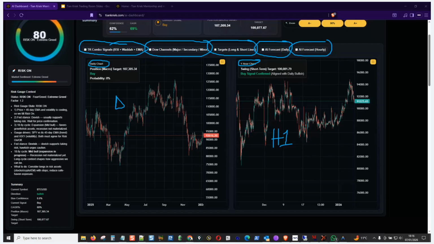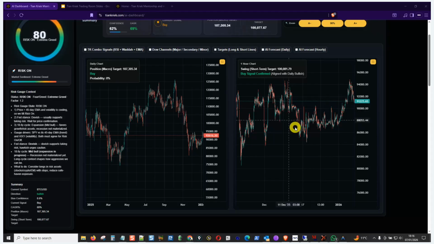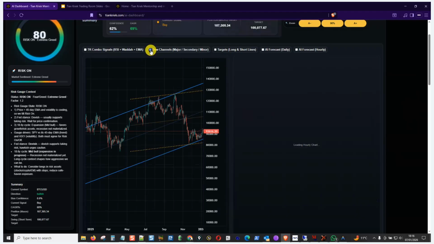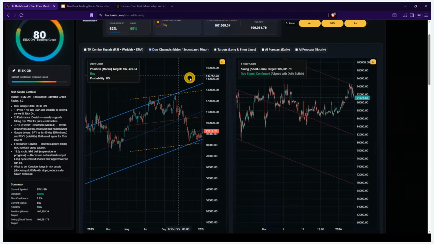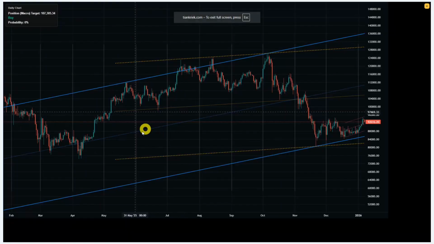Now, I have designed this in such a way that it is not necessary to use any other charting package like TradingView or anything like that. For instance, if I want to see the trend lines, the technical analysis in terms of the Dow theory, I could just go and click that box, and then there will be an automated technical analysis on the chart. I can double click on the chart, and then it will go full screen.